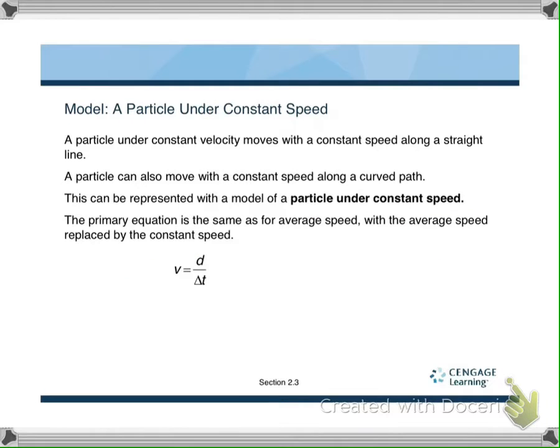A similar model is a model of a particle moving under the constant speed.